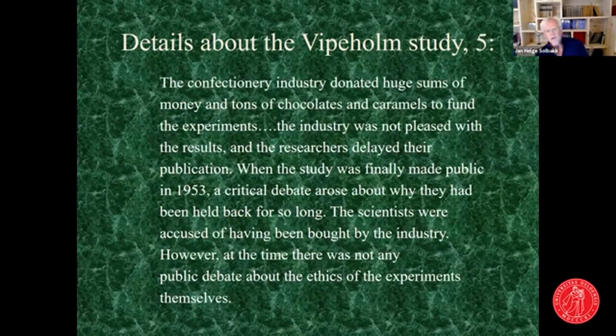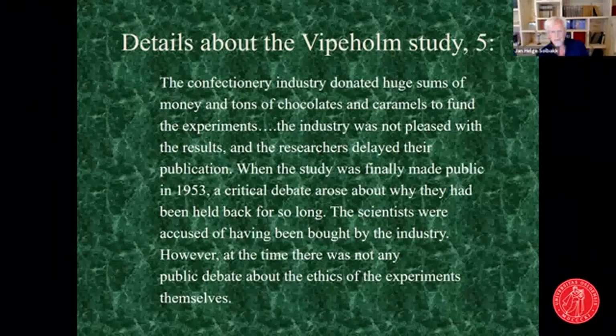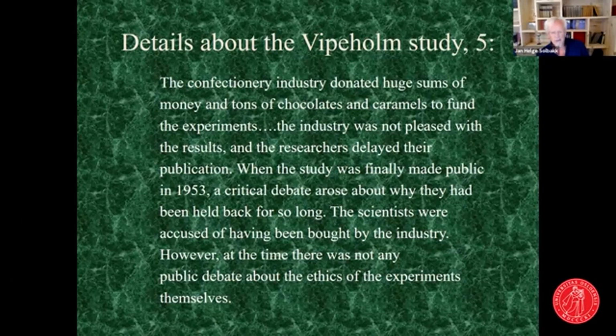The sugar industry donated huge sums of money and tons of chocolates and caramels to fund the experiments. Because the industry was not pleased with the results, the researchers delayed their publication. When the study was finally made public in 1953, a critical debate arose about why they had been held back for so long. The scientists were accused of having been bought by the industry.